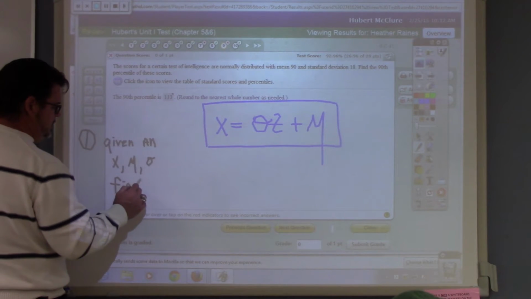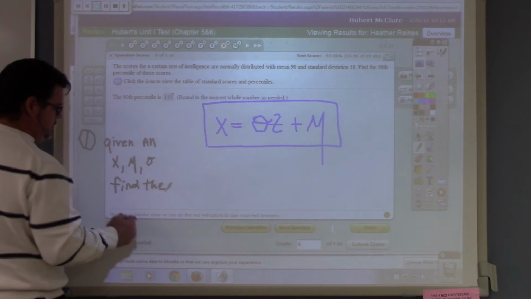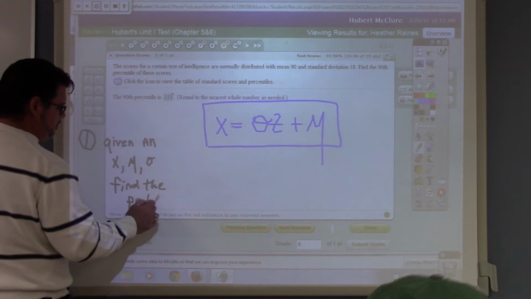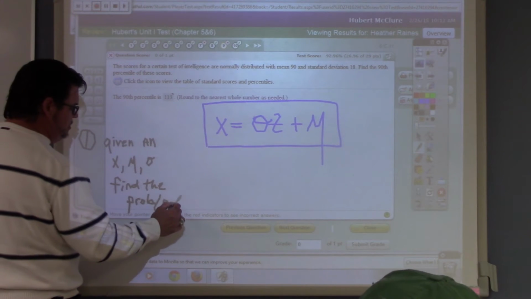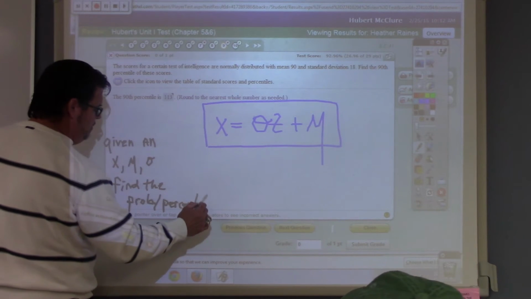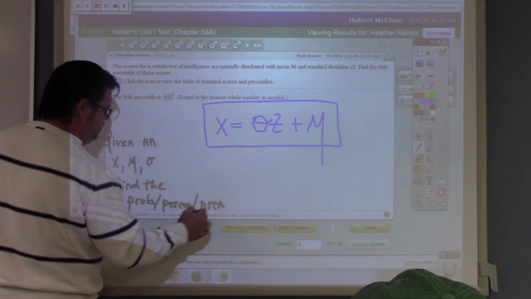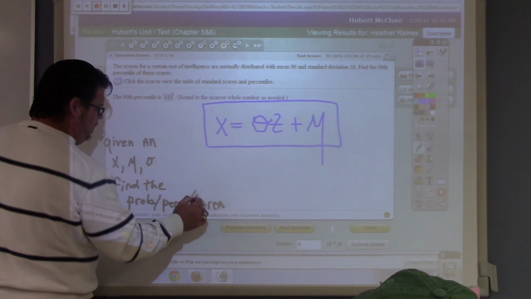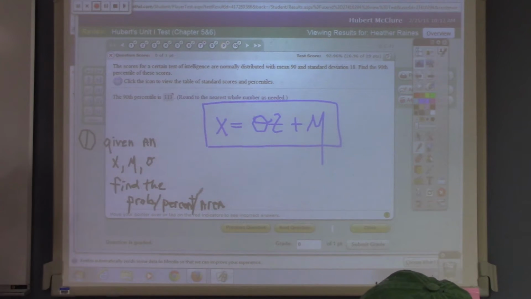Find the probability / percentage / area under the curve. All right? In other words, the first type question, we've already done a couple of them the last time we met.